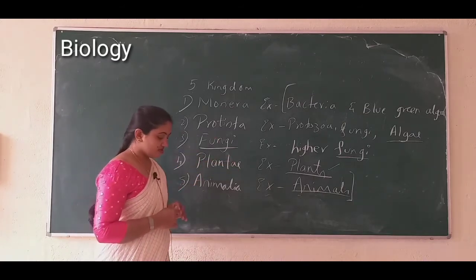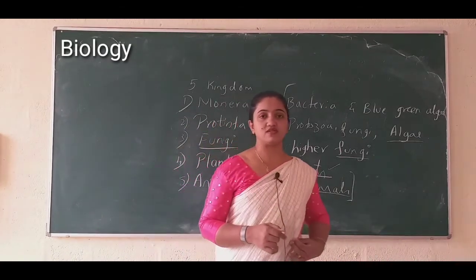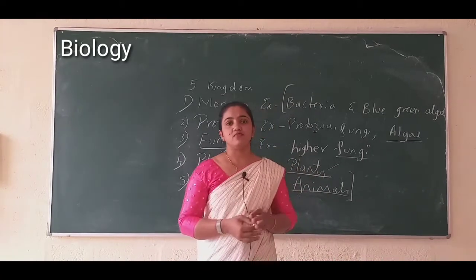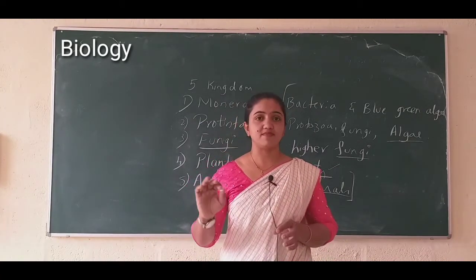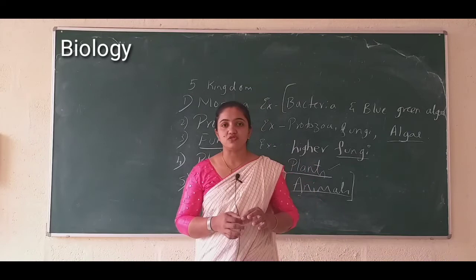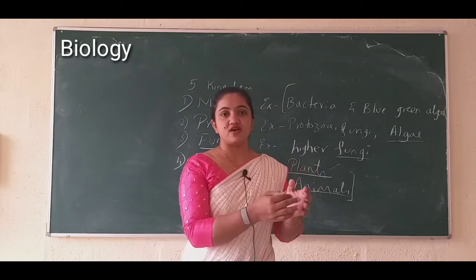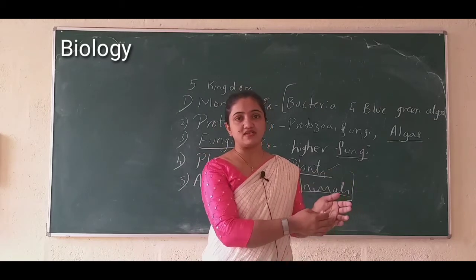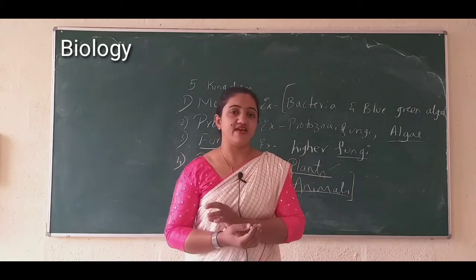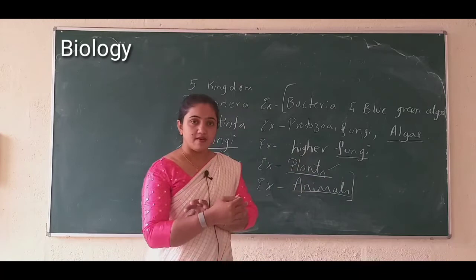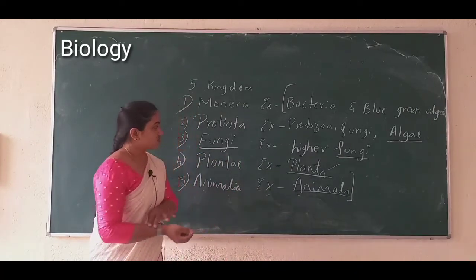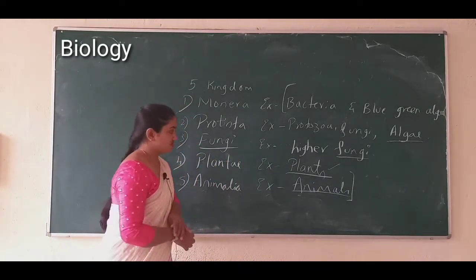We have a number of plants on the earth. Some of them produce flowers, but some of them do not. Why so? What is the reason for that? Where are we classifying the flowering plants and where are we classifying the non-flowering plants? Maybe in the next sessions I am going to describe that concept.